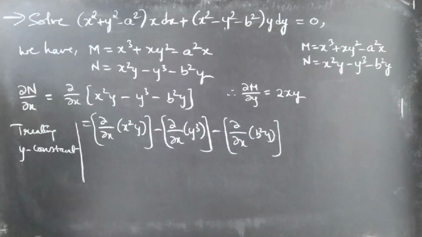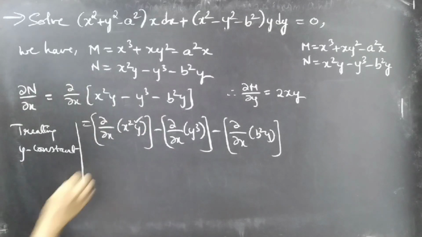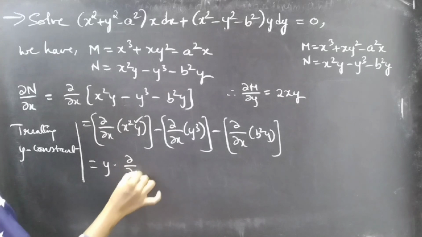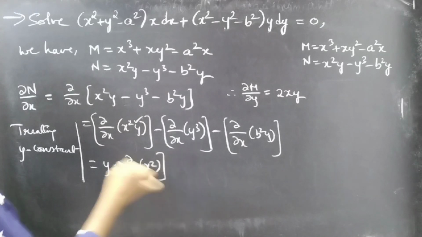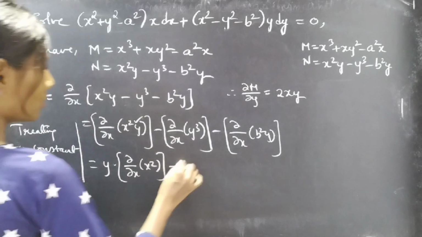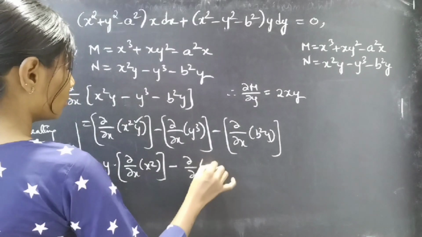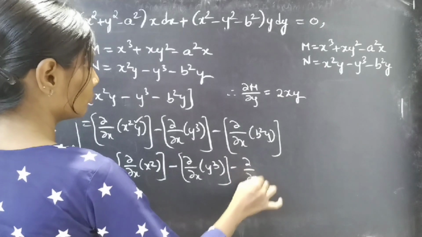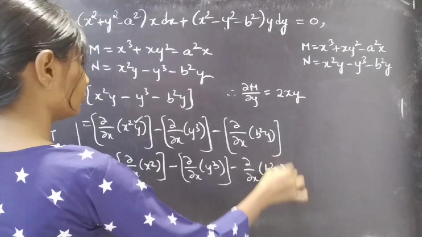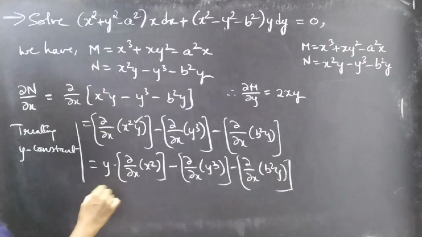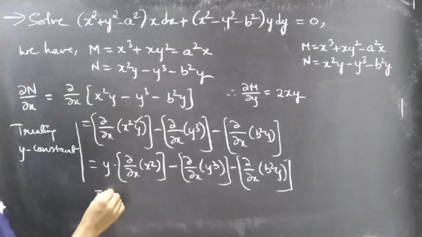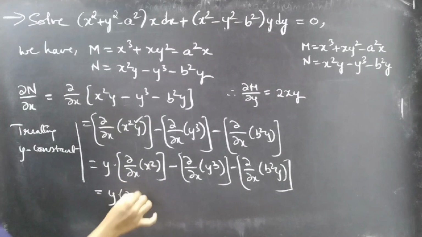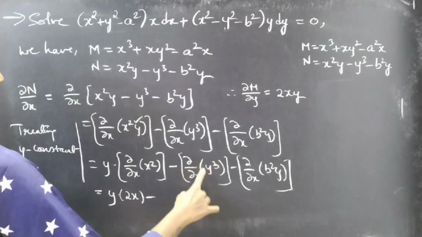So here y is a constant, so let's write the first term as constant into the partial derivative of x², minus, and I'll write the remaining two steps as it is. We'll get y into the derivative of x² with respect to x, which is 2x, minus the derivative of a constant.